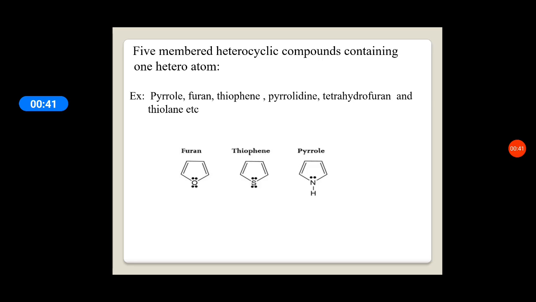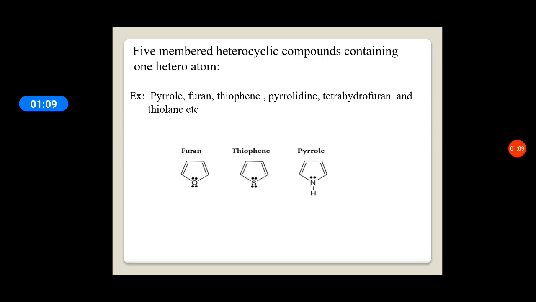Let us see the five-membered heterocyclic compounds. In the classification, we have studied about five-membered heterocyclic compounds containing one heteroatom, five-membered heterocyclic compounds containing two heteroatoms, six-membered heterocyclic compounds containing one heteroatom and two heteroatoms, and then conjugated heteroatoms.